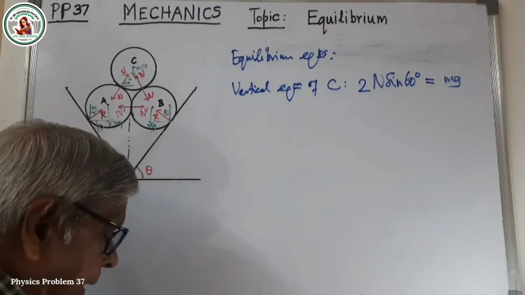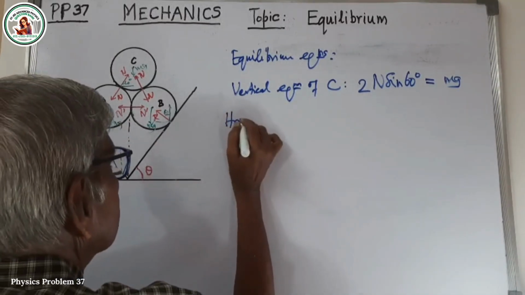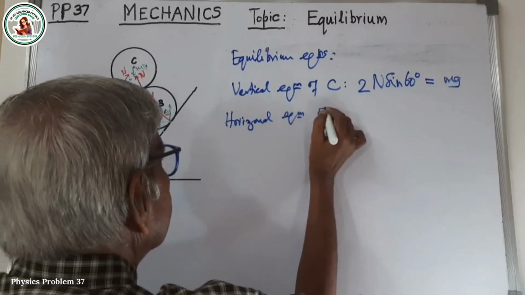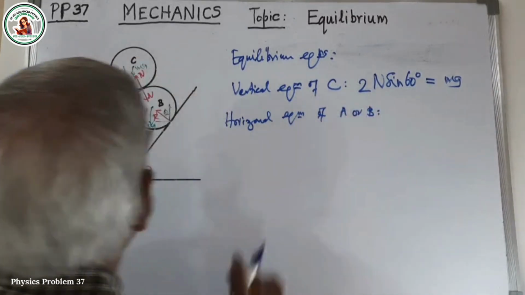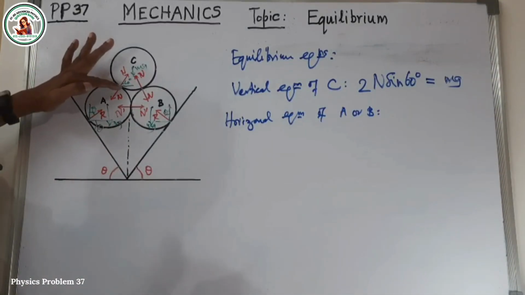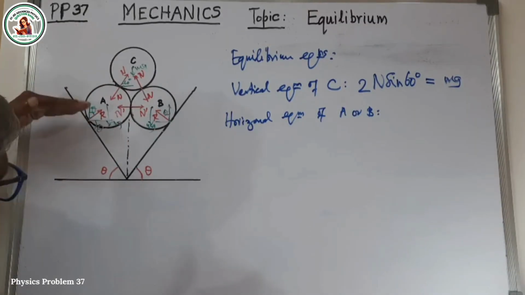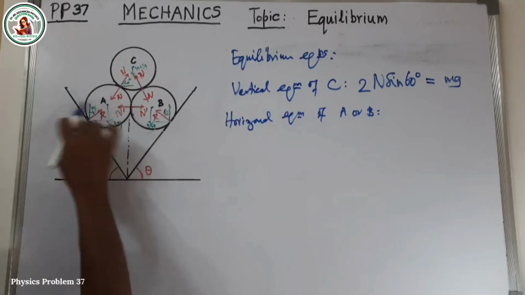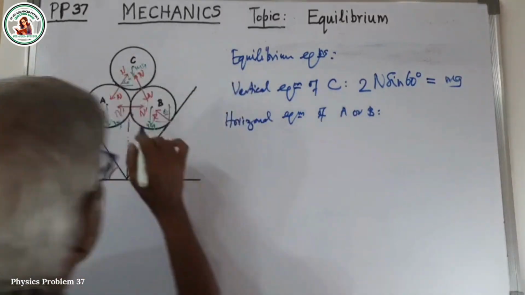Then the horizontal equilibrium of A or B. Horizontal equilibrium is maintained by this: N has a horizontal component, R also has a horizontal component. Weight will not come into the horizontal equilibrium condition. So the horizontal component of R is R sine theta, which is equal to N cos 60.